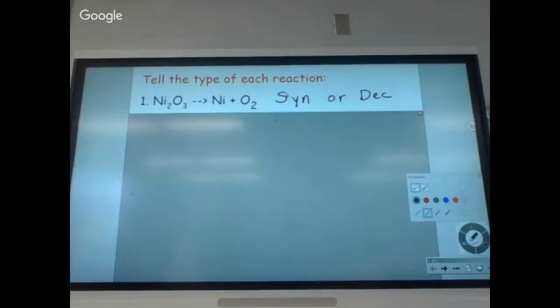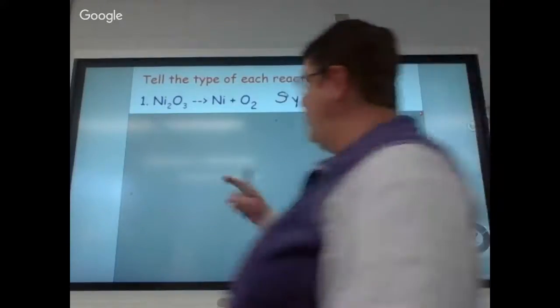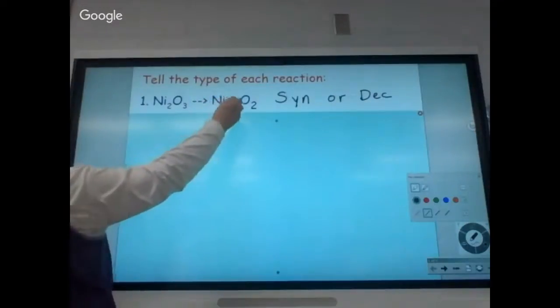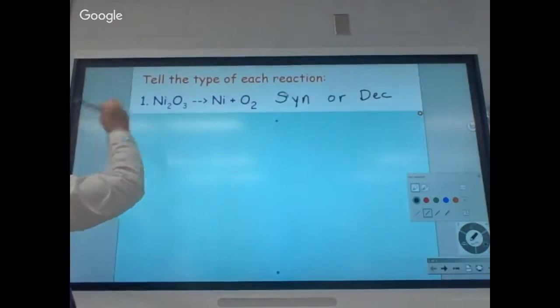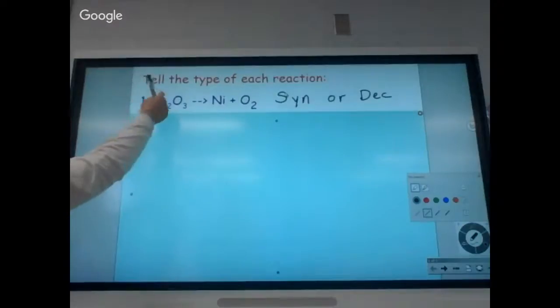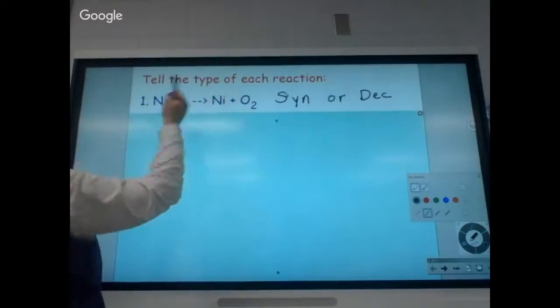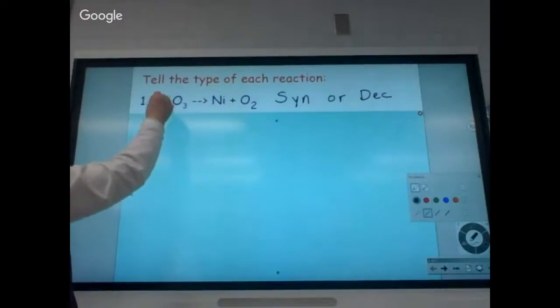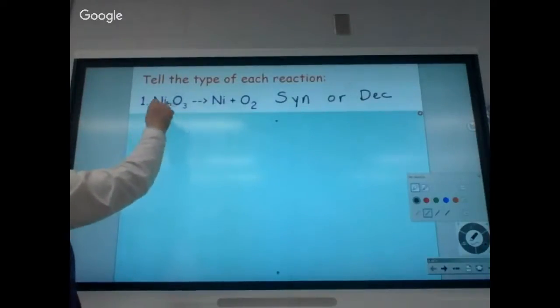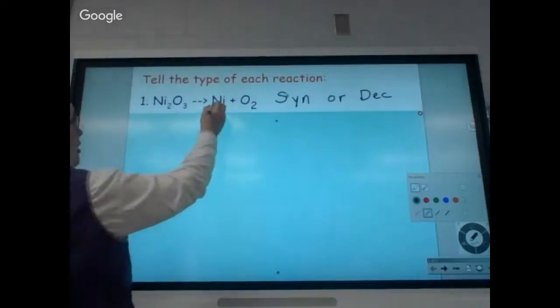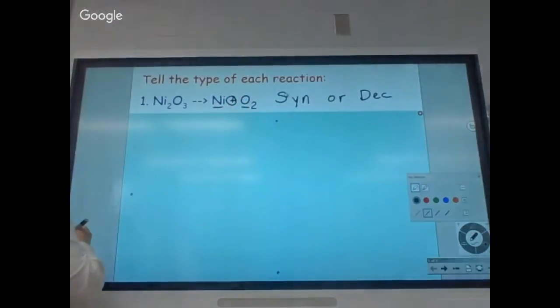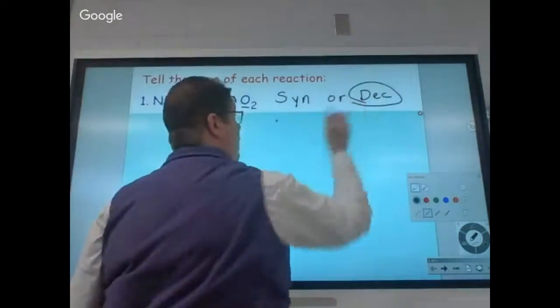So when you look at it, are these two elements together and splitting apart into this plus this, or are they apart and it says something plus something and it makes something? It's together. This is all combined. There's no plus sign between it. It's all one compound, and it breaks apart into this plus this, okay? So it's splitting apart. That's how you know it's decomposition.